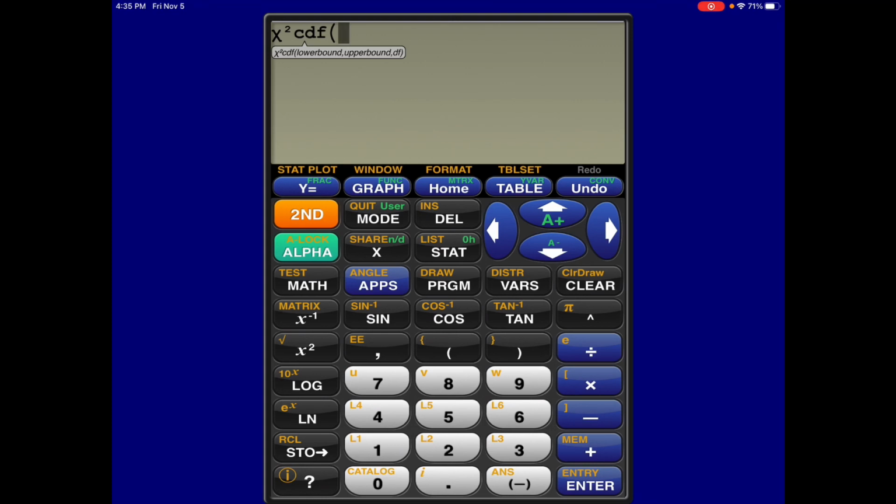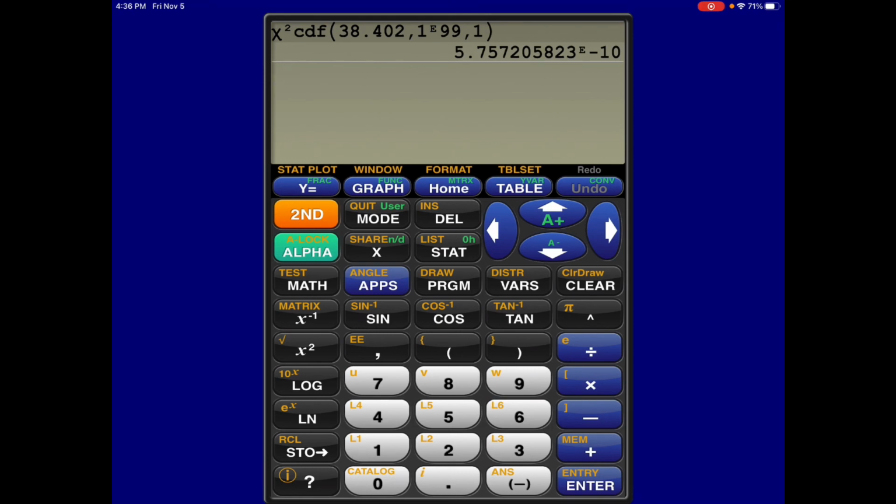So our lower bound for this problem is going to be 38.402, comma, our upper bound, which is going to be 1E99. And remember, to get that E, you hit second, comma, and then comma, our degrees of freedom, which for this case is 1. Select enter, and we get a value.